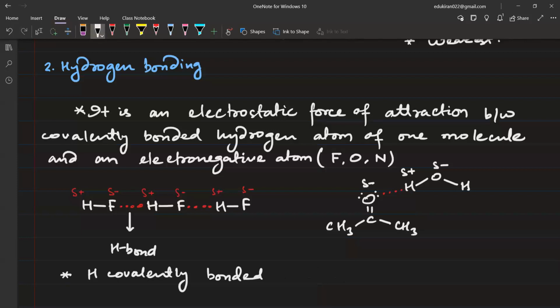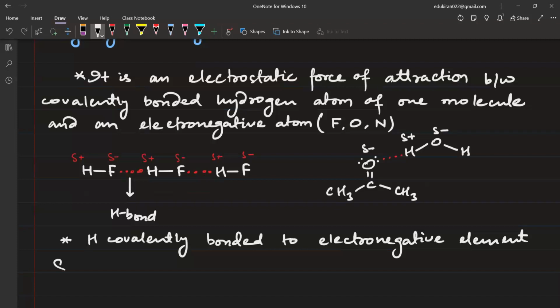Covalently bonded to an electronegative element, and F or O or N is nearby. Nearby means in another molecule.